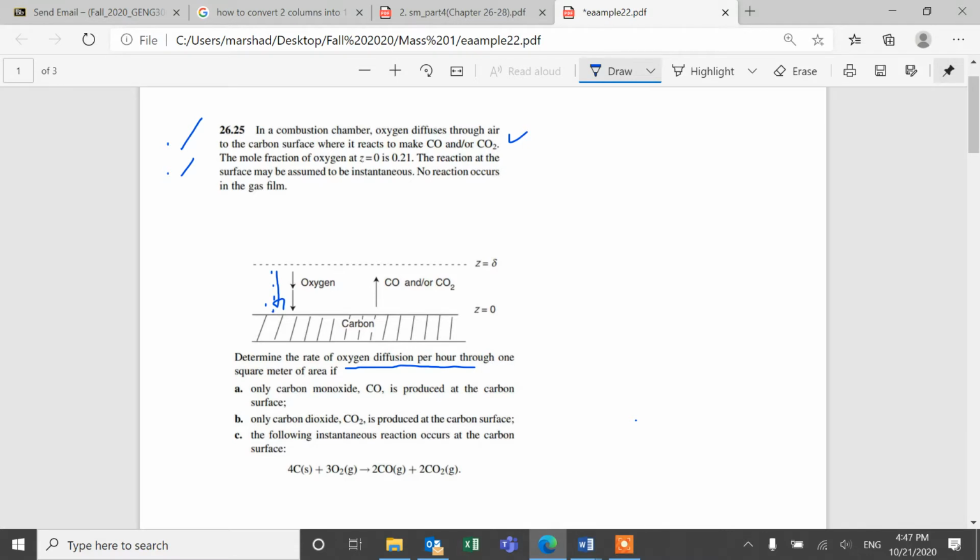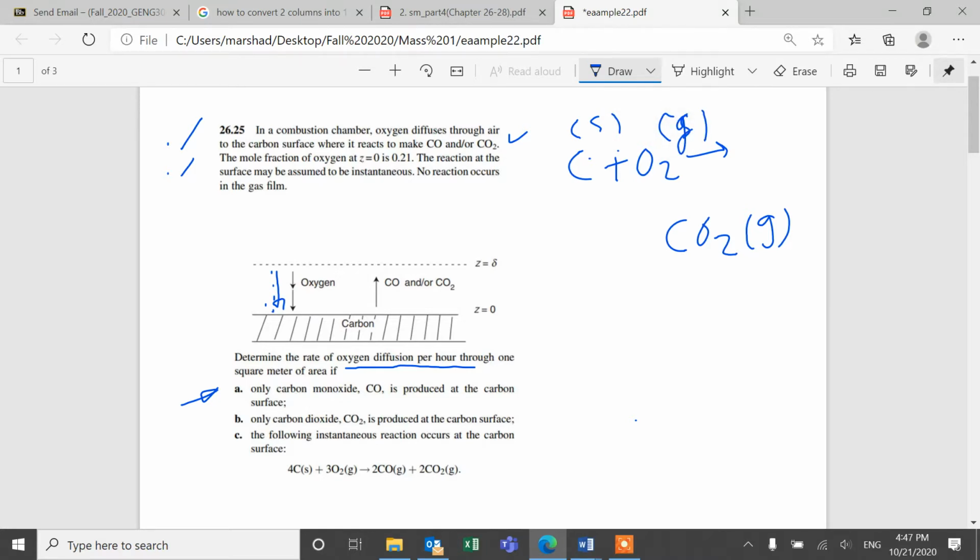If you consider the first case here, only CO is produced. The reaction will be C plus O2 giving you CO2 gas. Carbon is solid, oxygen is gas.